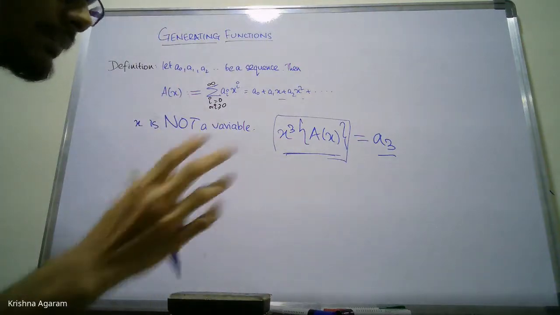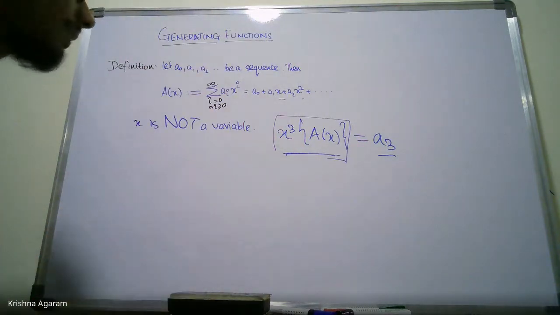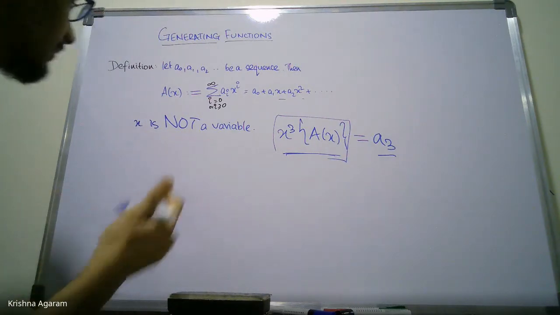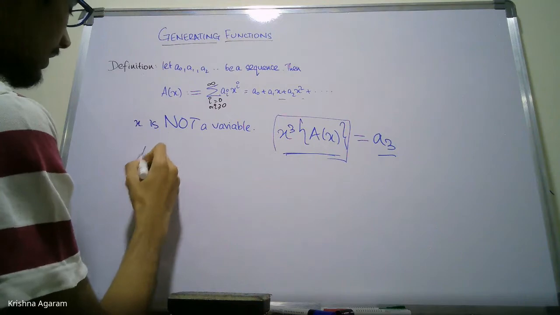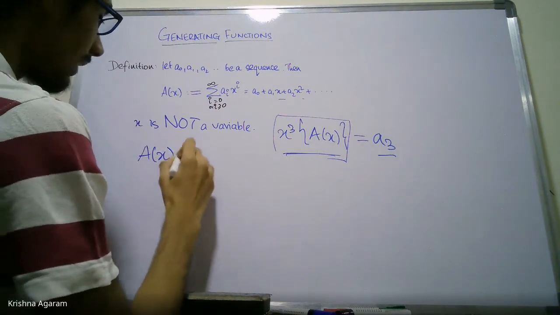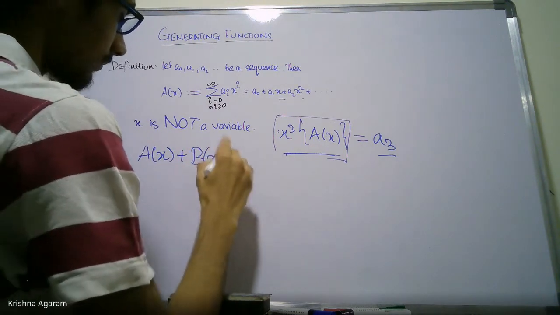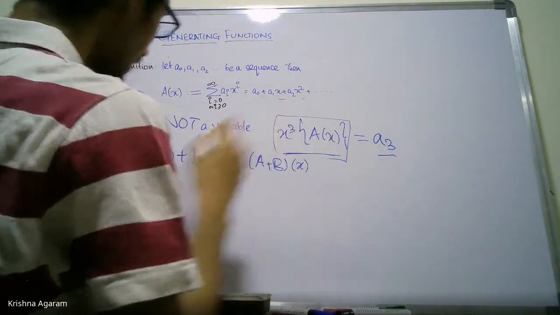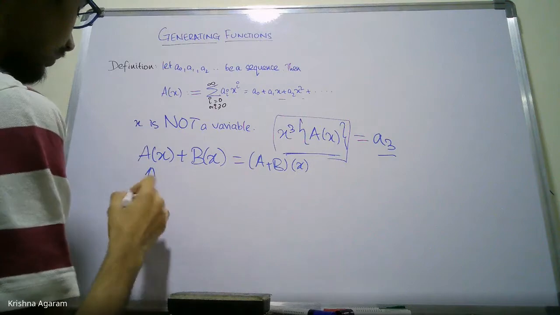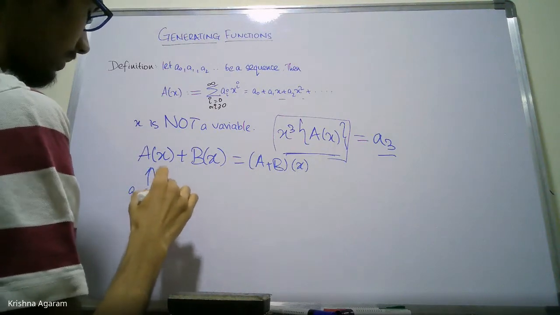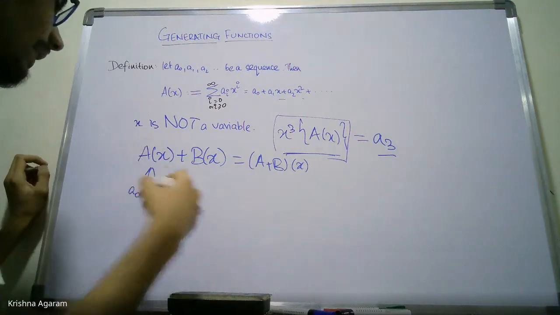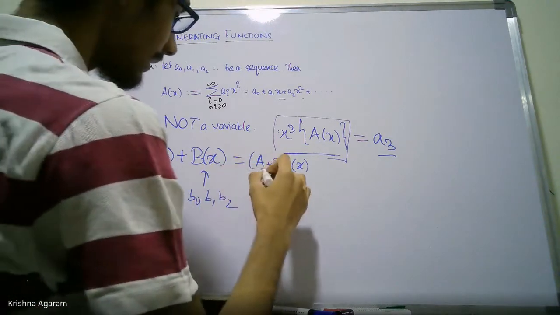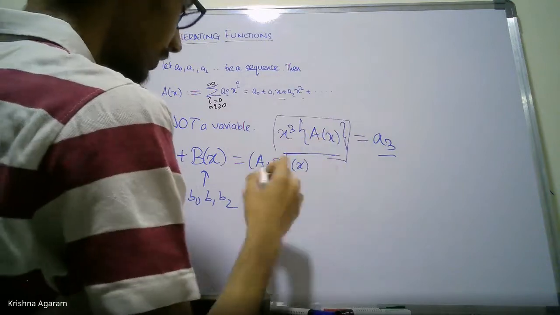Because it's not a variable, we don't have to worry about any of the convergence issues, and so it's just more of a manipulation kind of thing. So we define a of x plus b of x as a plus b of x. What this means is that a of x has the coefficients a naught, a1, a2 for constant, x, x squared, and so on. This has b0, b1, b2. We define this as adding coefficient wise.